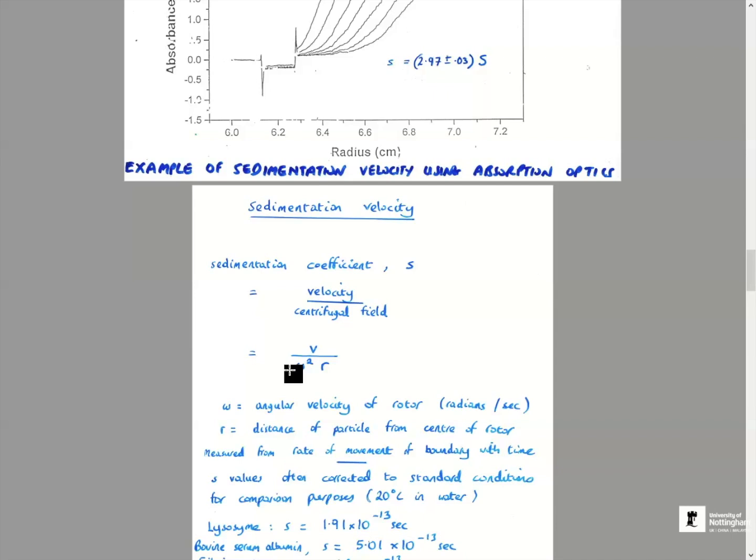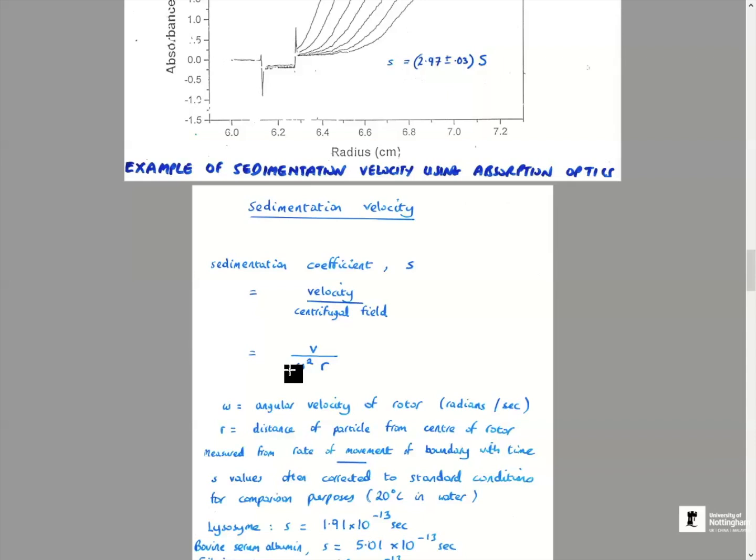You take your RPM value, so for that beta-lactoglobulin experiment, the RPM value was 50,000. Times 2 pi divided by 60 gives you the angular velocity, and the units are radians per second.